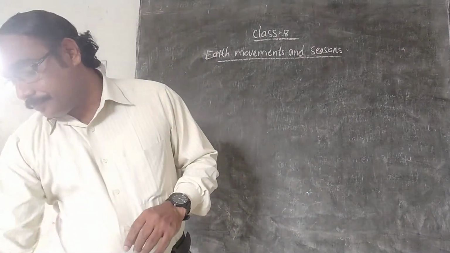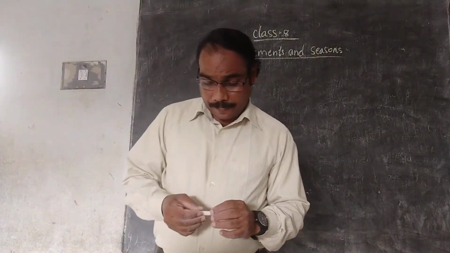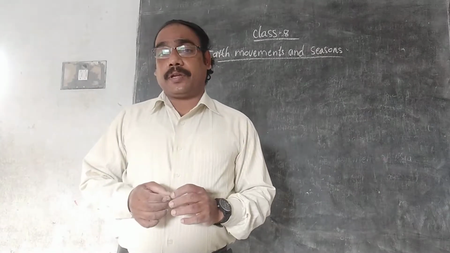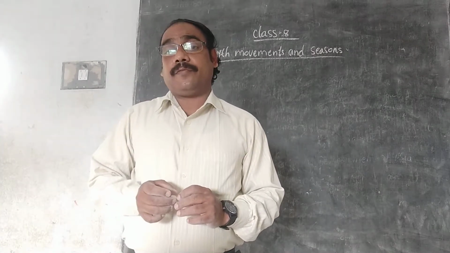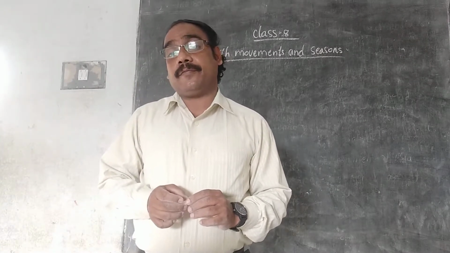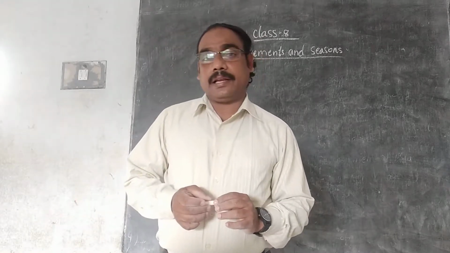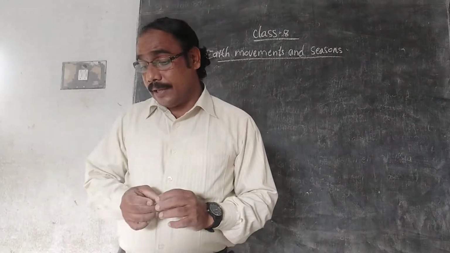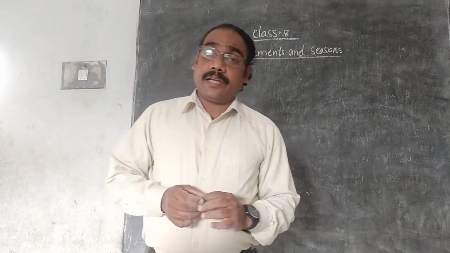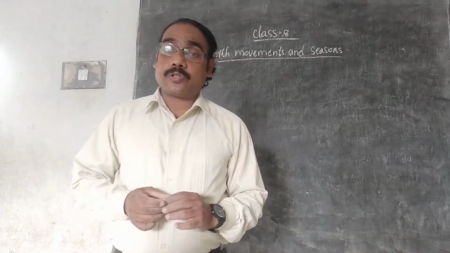Okay, now Indian climate. If we are looking at the Indian climate, the climate of India will be entirely different from some other countries like Australia or England or America. Why? Because we are having a tropical monsoon climate.